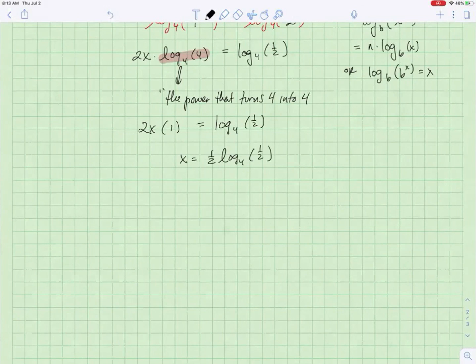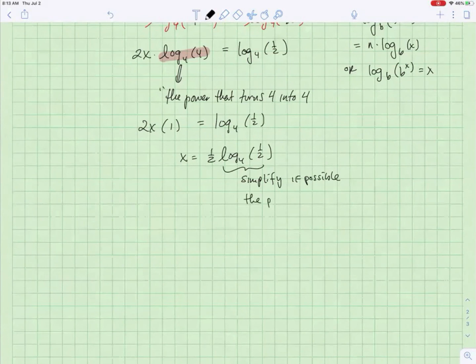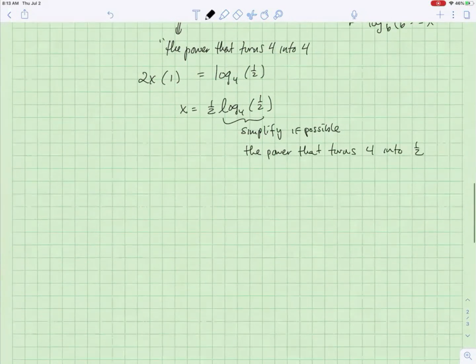Now, we should be able to simplify this if possible. This is the power that turns 4 into 1/2.